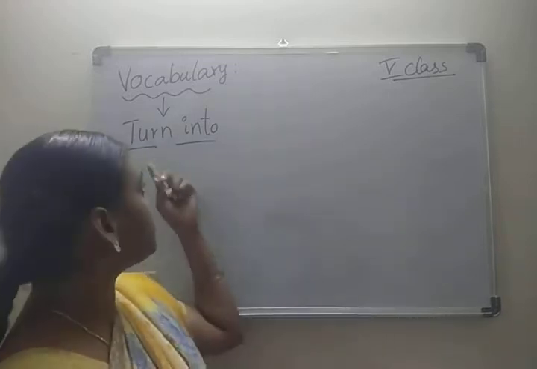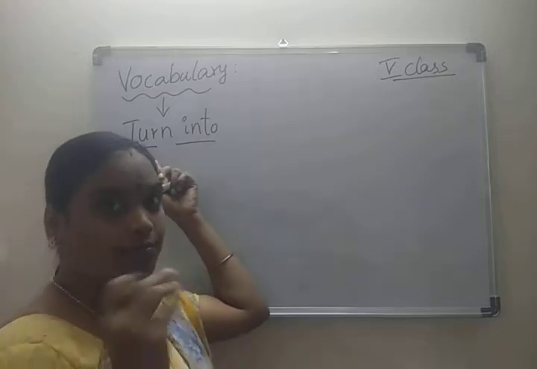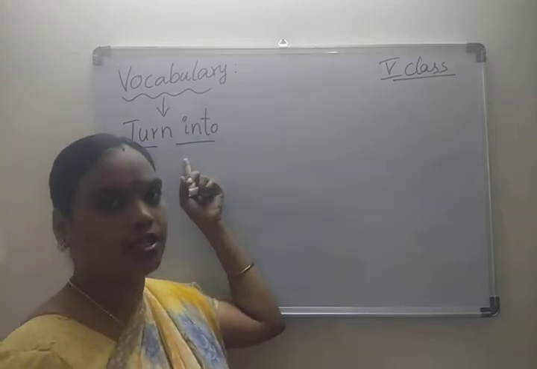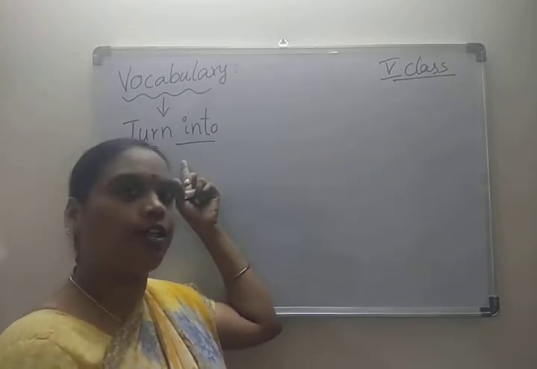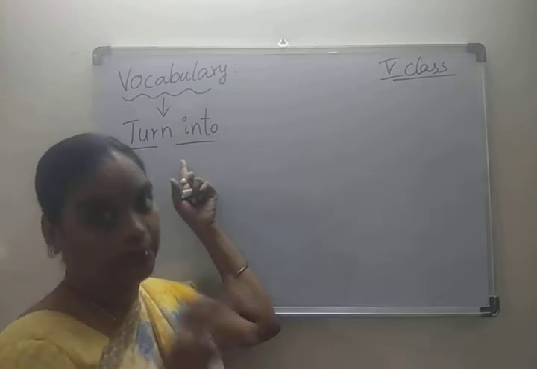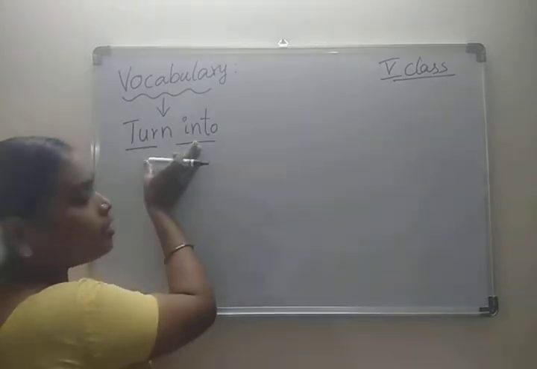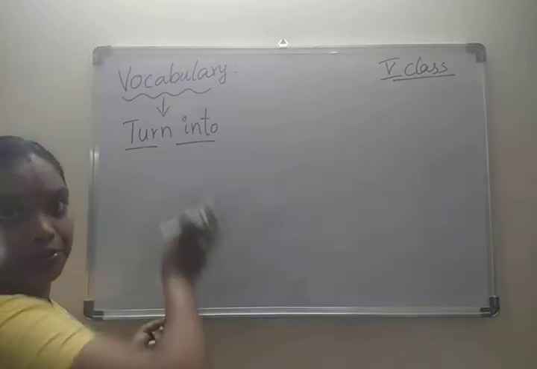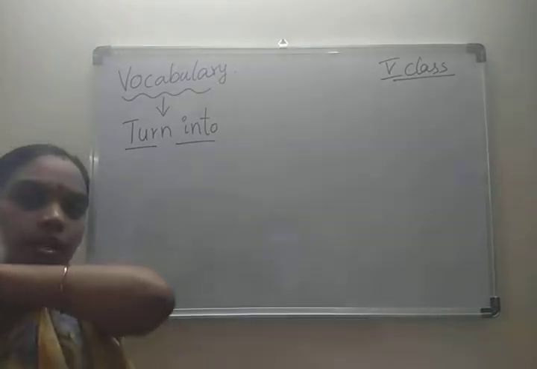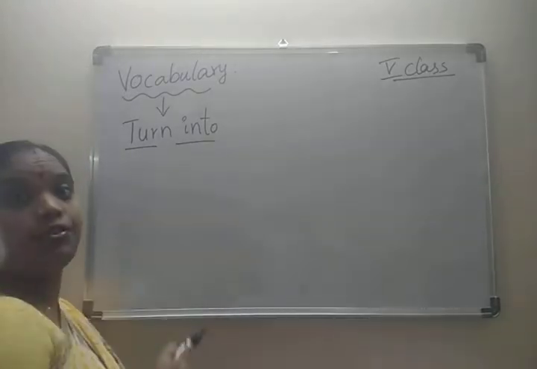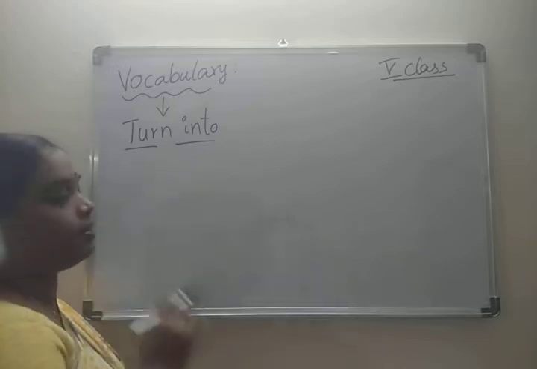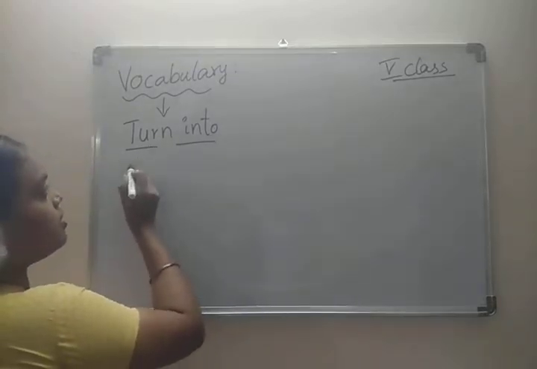Individually, each has meaning. Turn has meaning. Into has meaning. Separate meaning. But whenever we write them together, turn into, it has its own meaning. That individual meaning is different from here. So what is turn?